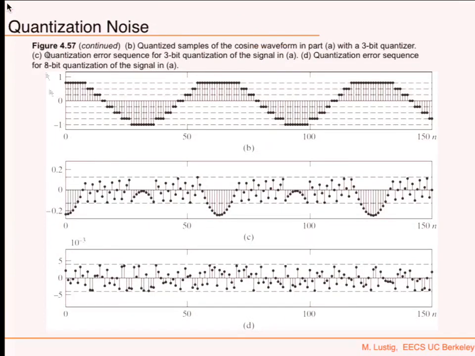So here's an example from the book of a quantized sinusoid signal. It kind of looks like a sinusoid, but it's not really a sinusoid, and that is quantized to 3 bits, which means 8 values. In that case, the error doesn't look so random. It looks quite correlated.